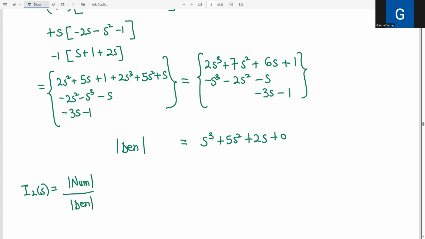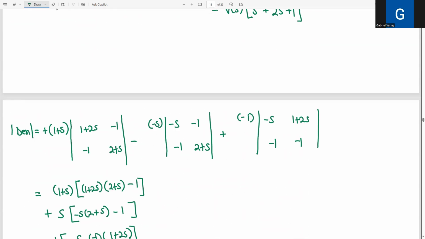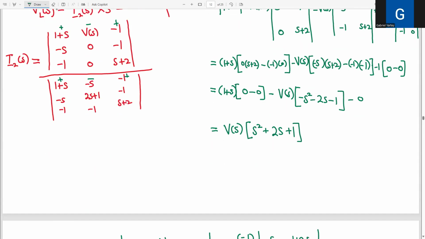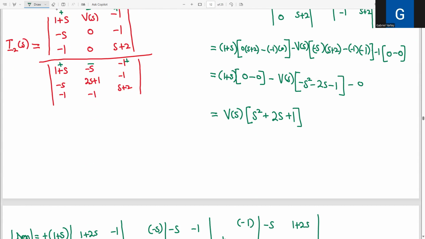And from what you've done so far, the determinant of the numerator is the V of s, this one. Let me scroll up for you to see.